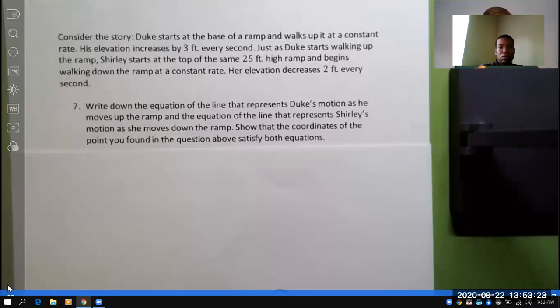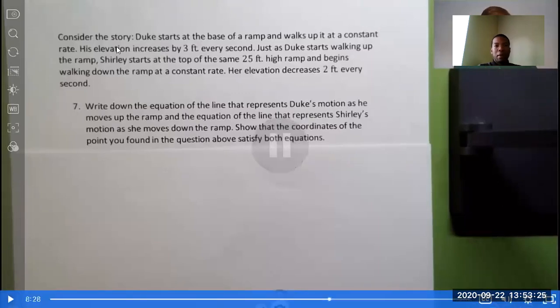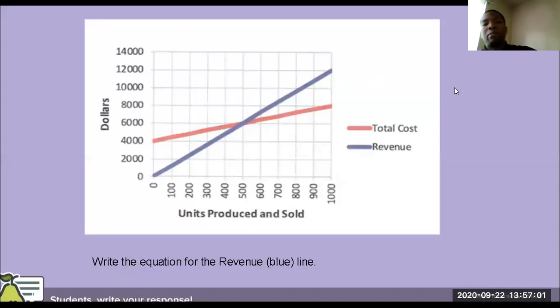Number 7 says, and we're going to stop it right there. There's another example that I want us to look at so that we can look at it from a different standpoint. With this example, it's coming from a business standpoint. So say, for instance, you own a business, and I've plotted this graph where the bluish purple line represents the revenue, and the red line represents the total cost whenever we're making something.